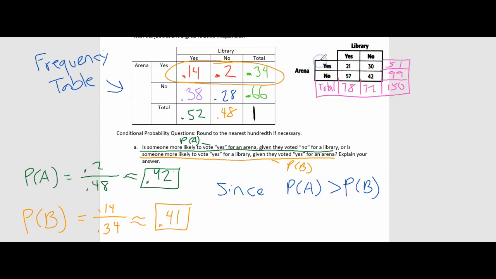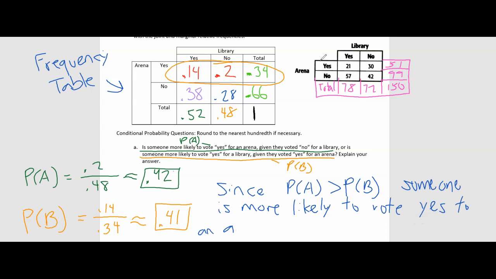So since probability of A is greater than probability of B, someone is more likely to vote yes to an arena given no to the library.